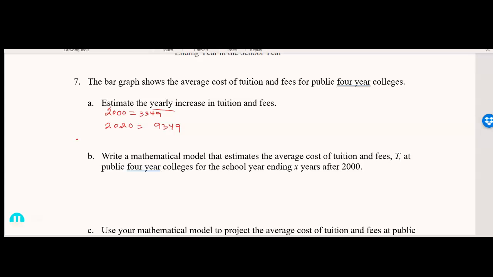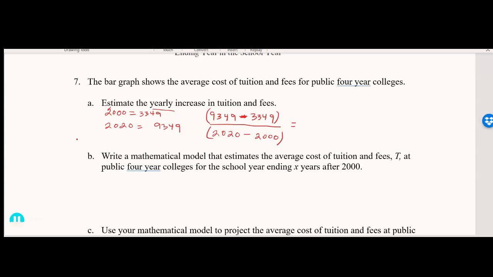Remember, we take the tuition and subtract them, highest minus the lowest in this case, and then we take the years, 2020 minus 2000. Again, you can put these in parentheses if that helps. Some of the calculators will actually work with the parentheses.